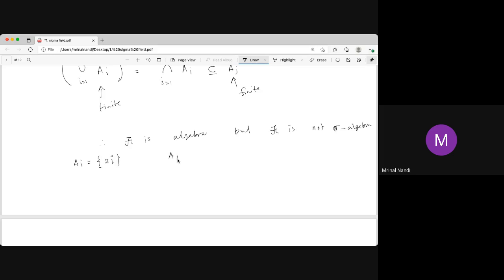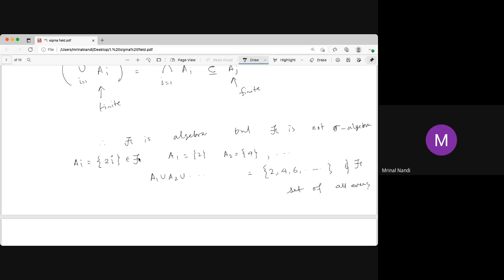So A1 is just the set containing 2, A2 is just the set containing 4, just one element each. These are all finite sets, right? But the infinite union is the set of all even numbers, and this is not finite, not cofinite. So it does not belong to the collection F.